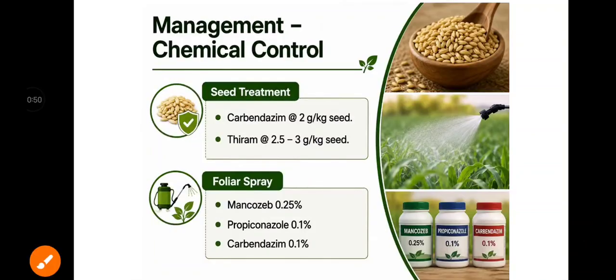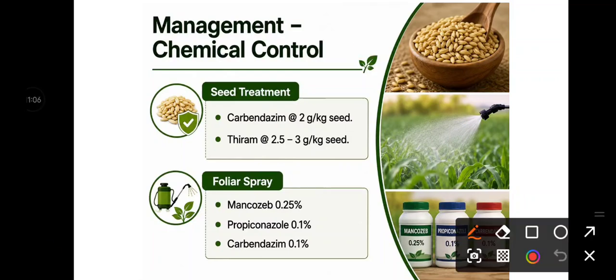Then about the chemical practices, this is a foliar disease. As it is also spread through seed contamination, you can do the seed treatment. For the seed treatment, you can use carbendazim or thiram 2 gram per kg seed.